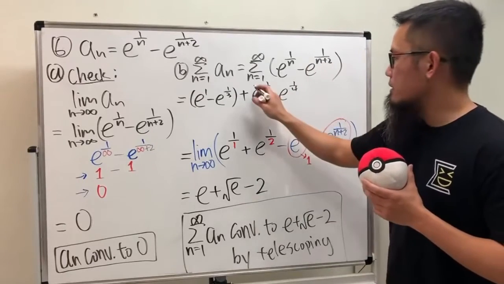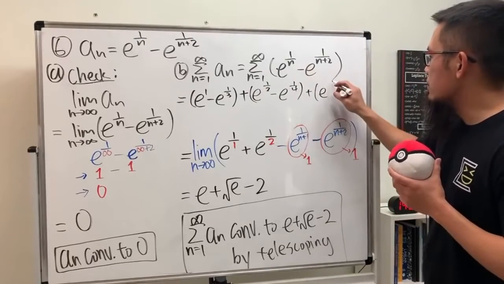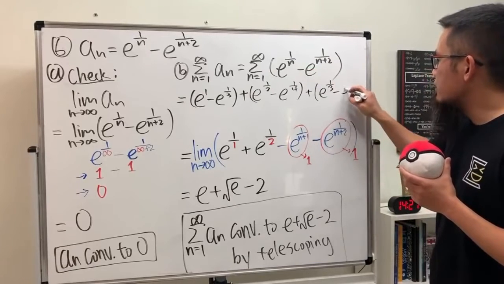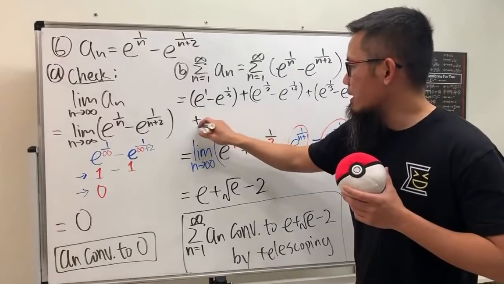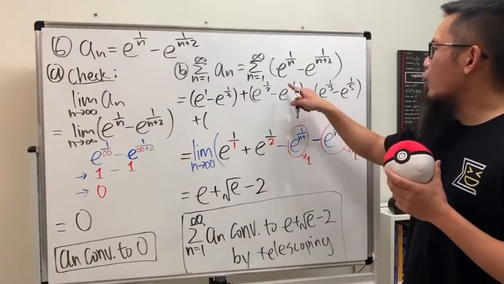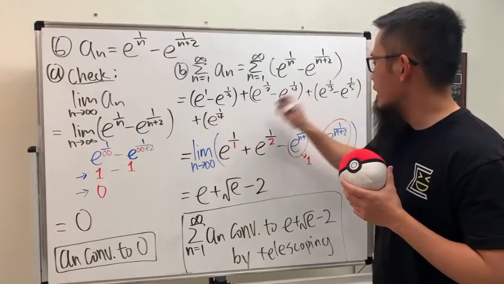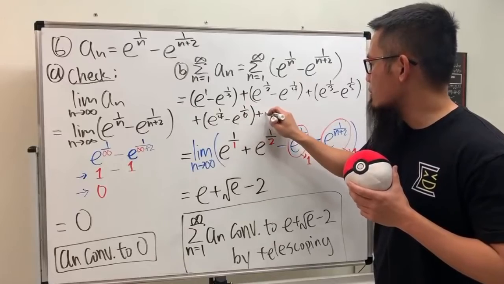So that's the second term, and then just write down a few more, which is e to the 1/3, right? 3 in here, and then minus e to the 1/5, and then plus, let's put down one more. When n is equal to 4, put it here, so we have e to the 1/4, and then minus e to the 1/6, and so on, so on, so on, right?